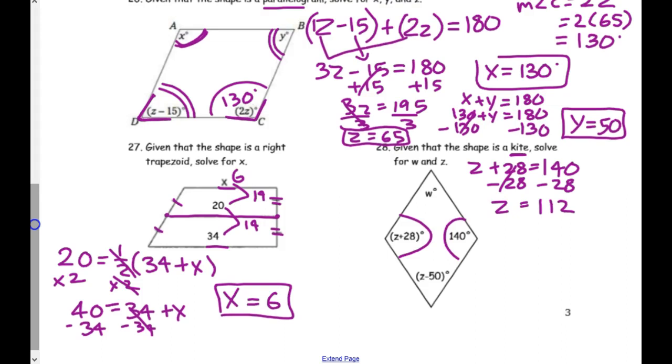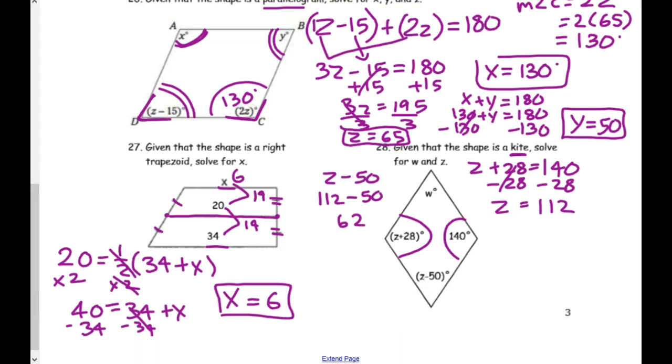So if I know Z is 112, what is this angle going to be right here? I need to plug it into Z minus 50. Z is 112, so 112 minus 50 is going to give me 62 degrees.